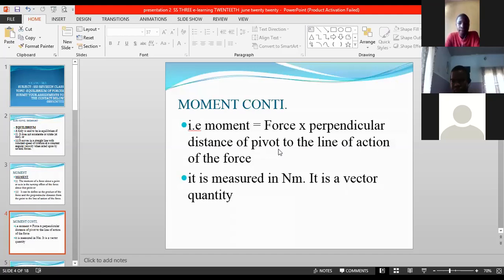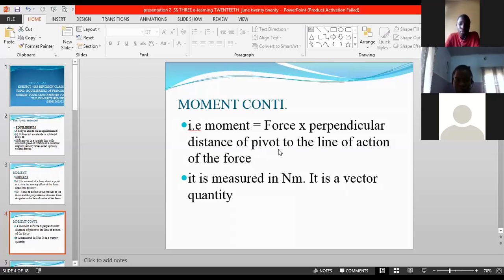Yes, sir. Okay. Now, this moment is divided into two parts. We have the anti-clockwise moment, against the clock, while this side is the clockwise.